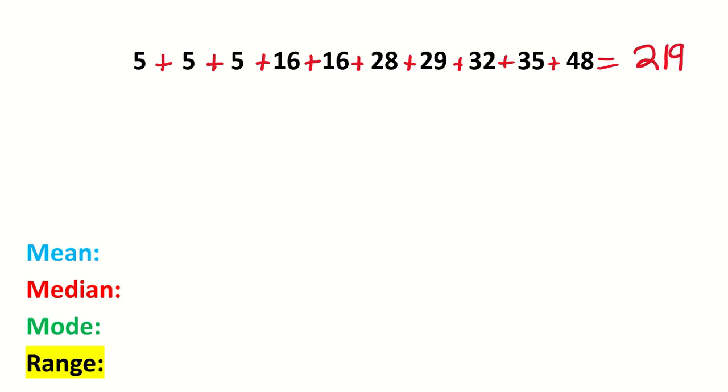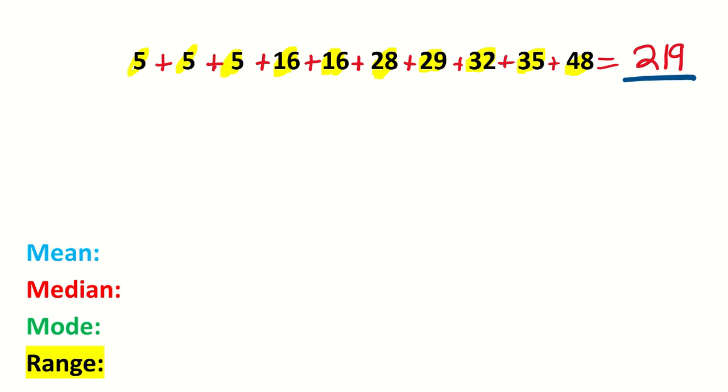Now remember, our song says to find the mean, you have to add them all up, and then divide the sum by the number of numbers. Well, let's put a little division line right there, and then count up how many numbers we have. 1, 2, 3, 4, 5, 6, 7, 8, 9, 10.